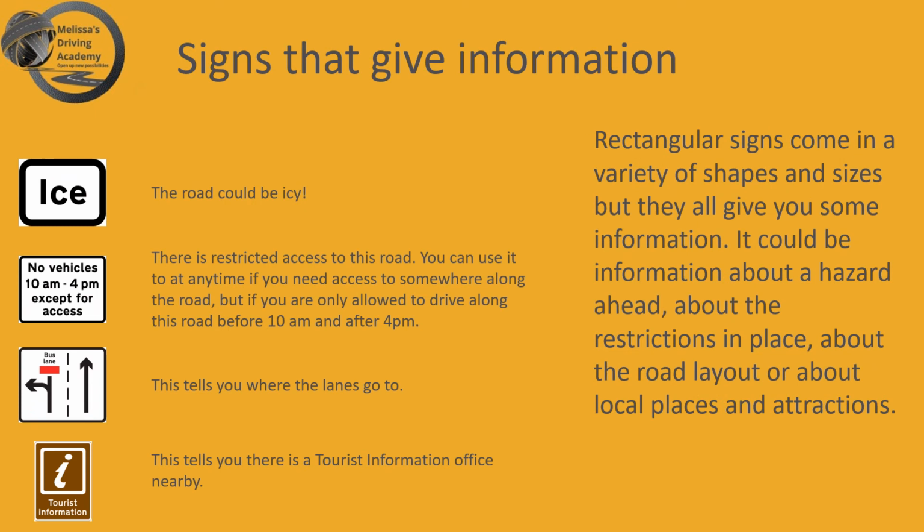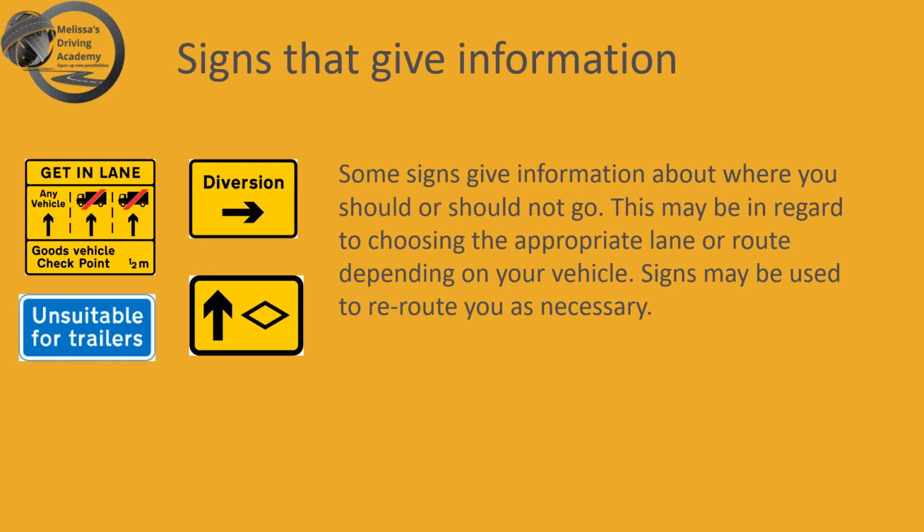Rectangular signs are used to give you information. There are lots of these, and they give you different types of information, and they're often accompanied by another sign as well. Some signs give information to particular drivers, or they are temporary information that is only applicable at certain times.